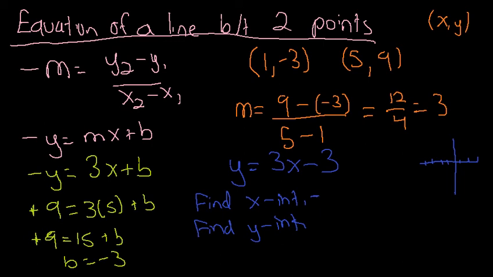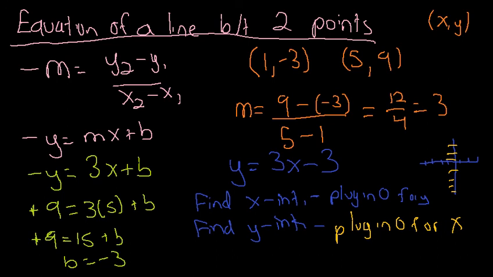So in order to find the x-coordinate, or the x-intercept, you plug in 0 for y. In order to find the y-coordinate, anywhere along the y-axis, x is always 0. So plug in 0 for x.